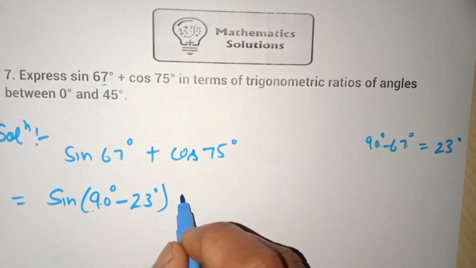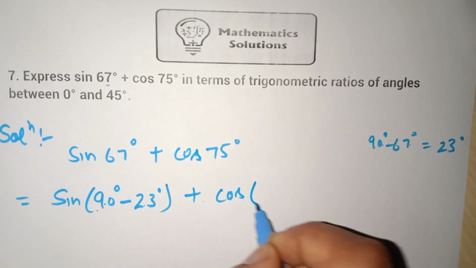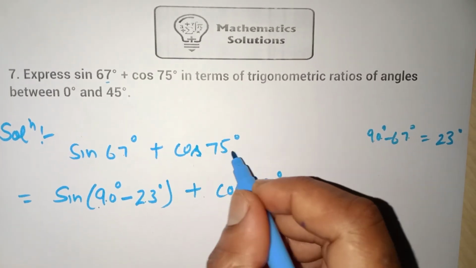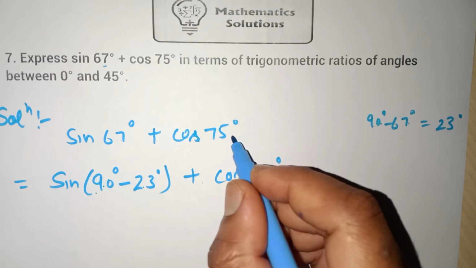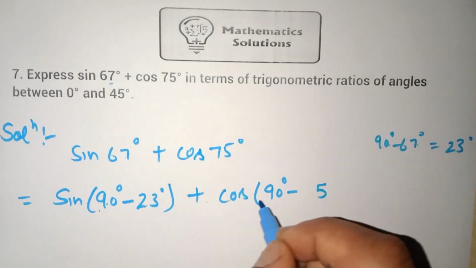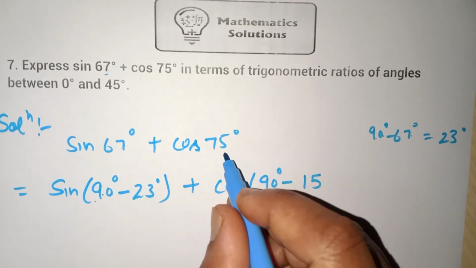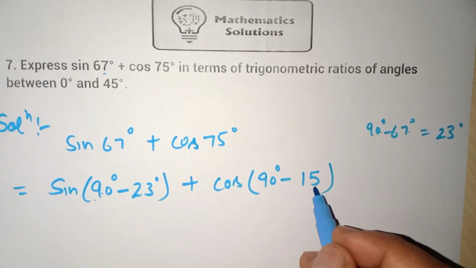Sine 67. So we will adjust the value here as well, we subtract from 90 so that we get 75. 10 minus 5 is 5, and 8 minus 1 is equal to 7. So we will subtract 15 here.